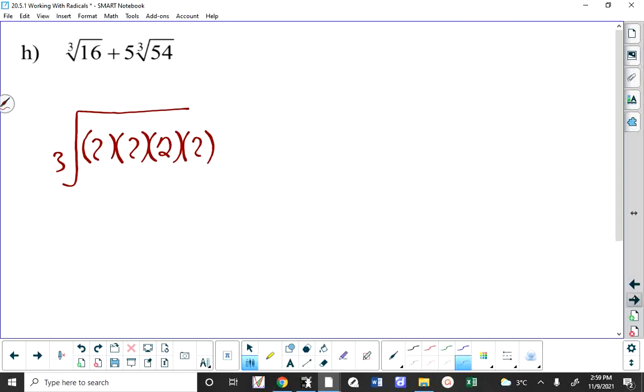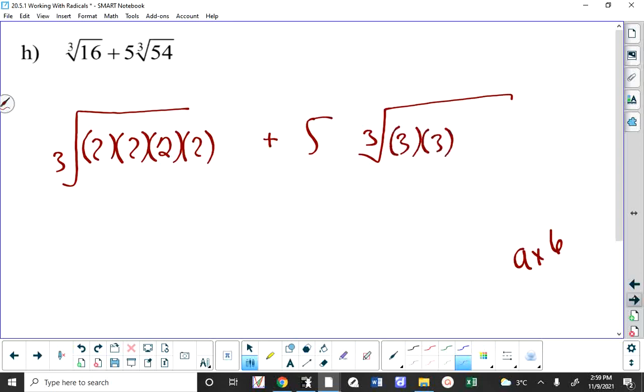54 might require a little more work. We've got a 5 here, cube root. Let's see, 54 is 9 times 6. That one always gave me trouble in school. 9 times 6 is 54. So 9 is 3 times 3. 6 is 3 times 2.